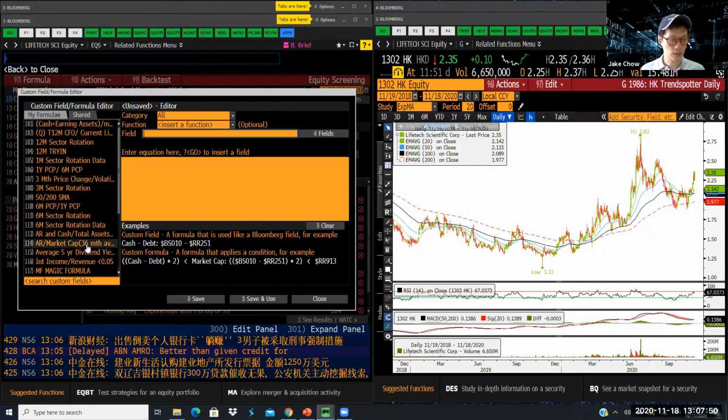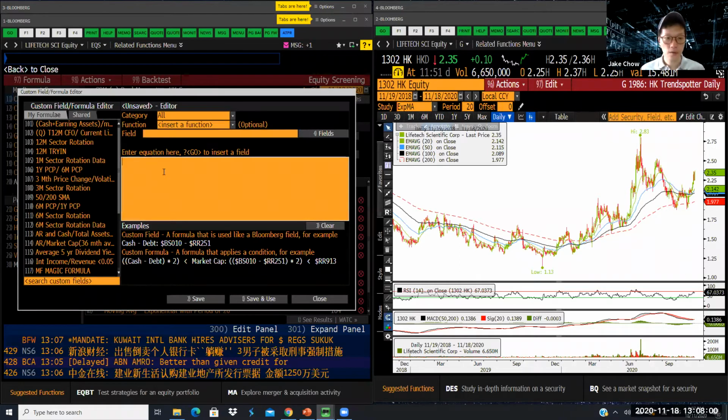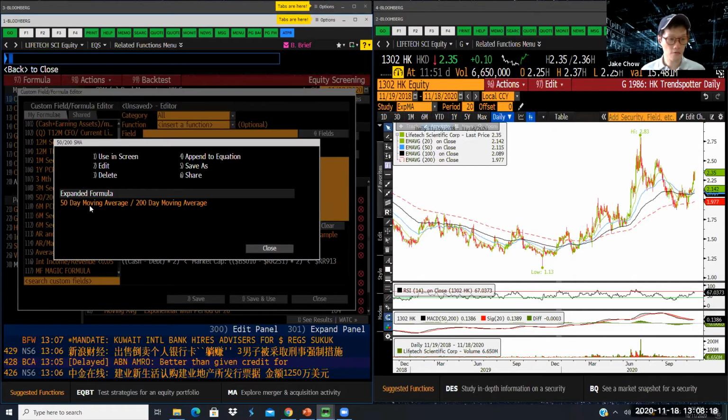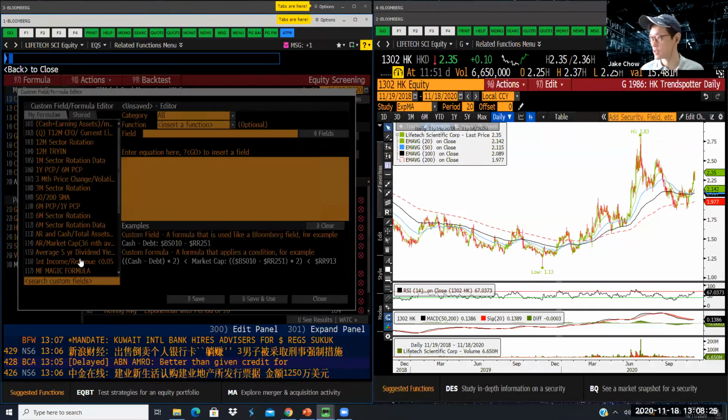These are some of the customized formulas I created. So if, for whatever reason, the mathematical expression is not found or not able to be done on Bloomberg in the default format, we can actually write it over here. Let's say you click on this. The formula I created was 50-day EMA bigger than 200-day. So you can write it if you cannot find it.